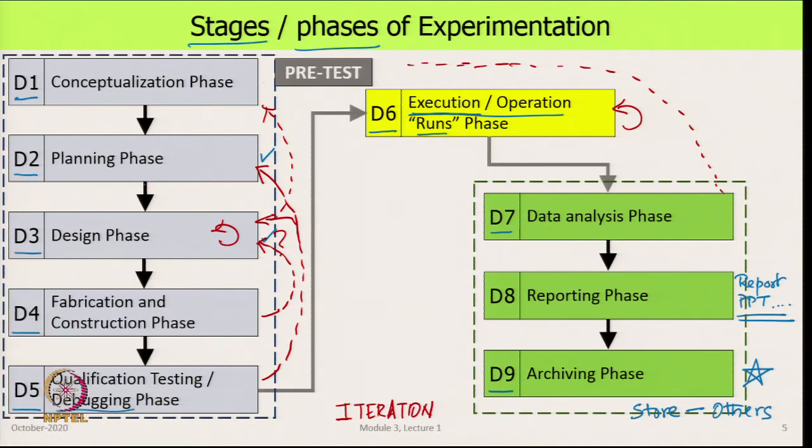So, these are all the activities that are done before we start taking data, and after we have taken the data we come to these next stages. This is what is called the post test.